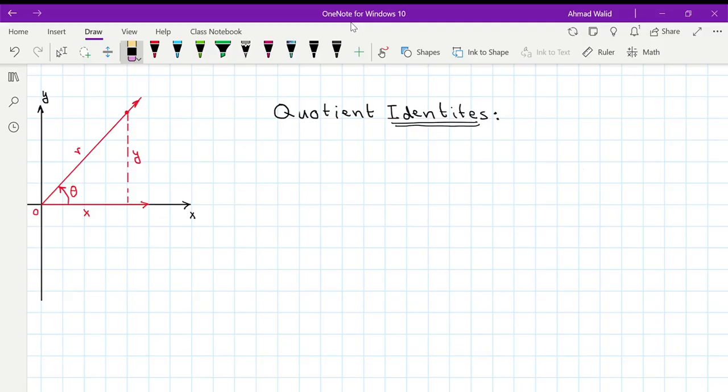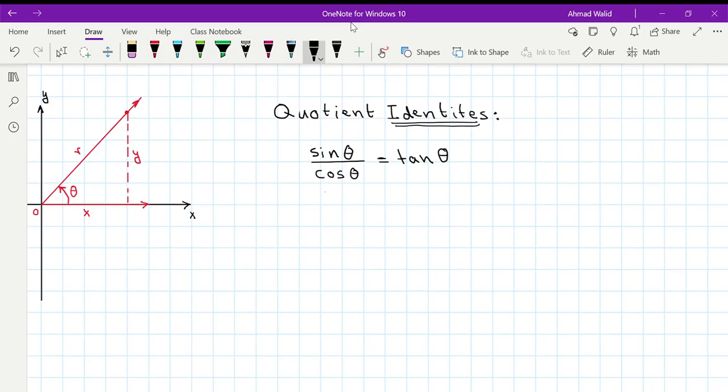The first one is if you divide sine of theta, looking to the triangle to your left of your screen, by cosine of theta, it gives you tangent of theta. We call this one a quotient identity, or you can say tan theta equals sine theta over cosine theta.